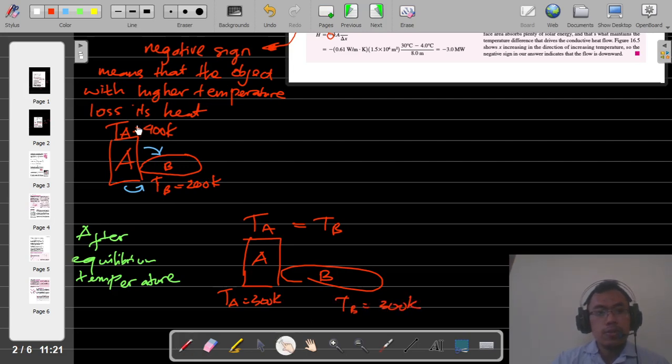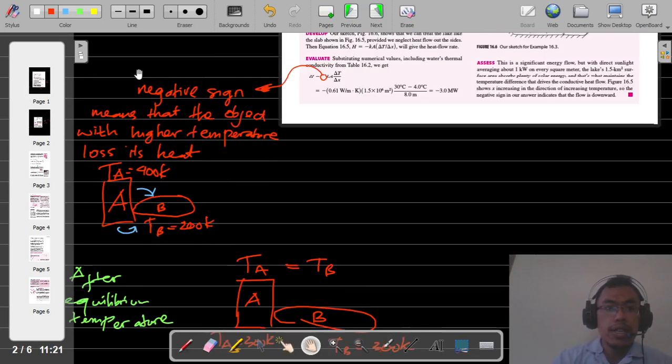So from 400 to 300, the temperature decreases, so also the heat is decreased. That's why the negative sign is important here, because object A loses heat. So it is important for us to put the negative sign.